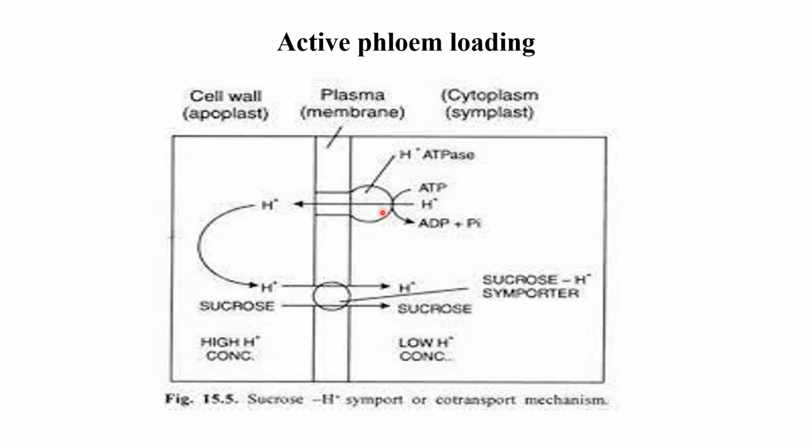Now the sugar is transported because of higher H plus concentration in the phloem parenchyma and lower H plus concentration in the sieve elements. These are all about the phloem loading process, symplastically and apoplastically.